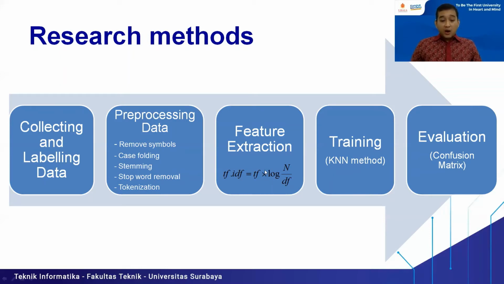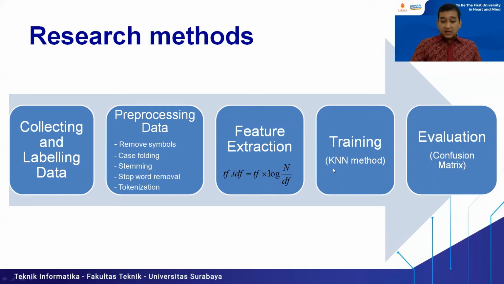IDF stands for inverse document frequency, which is the base 10 log value of the number of documents N divided by the DF value. DF stands for document frequency, which is the number of documents that contain a certain term.